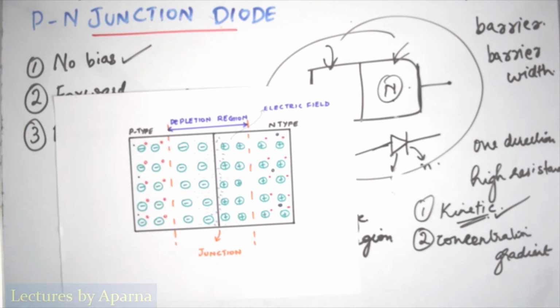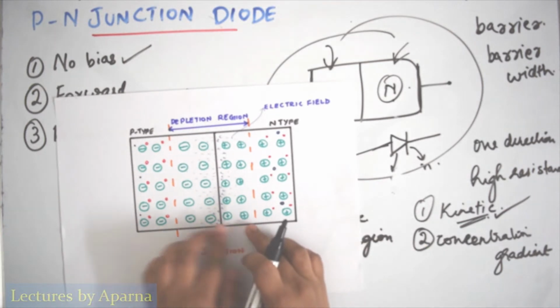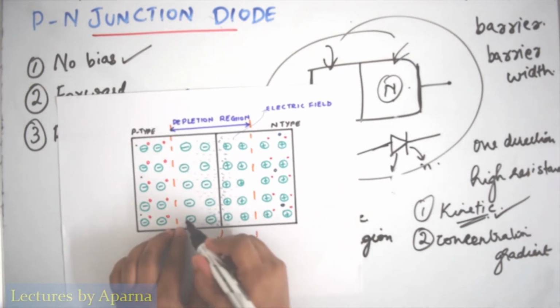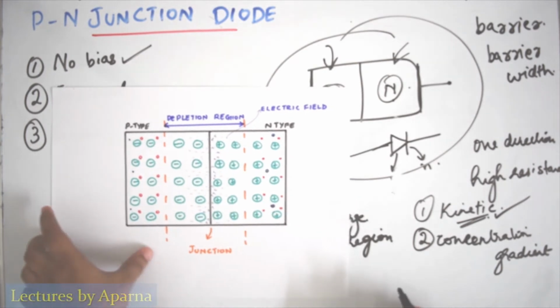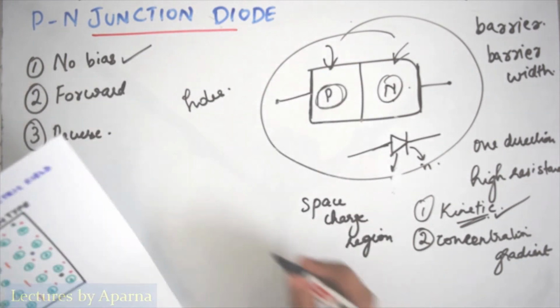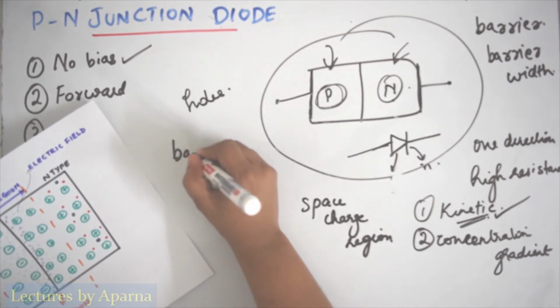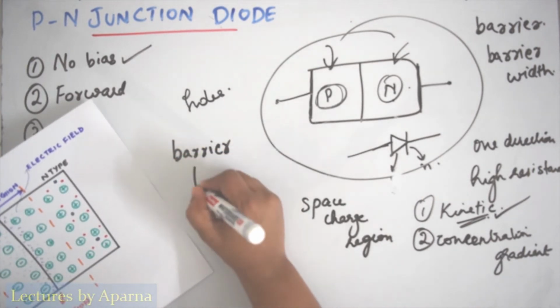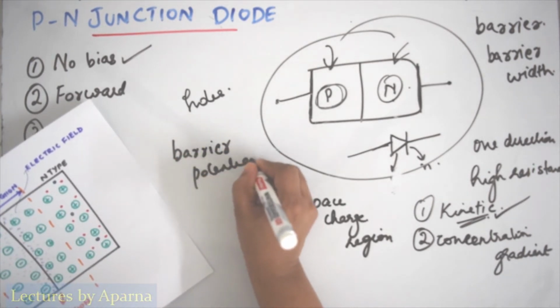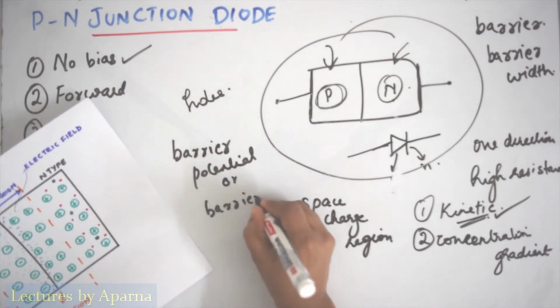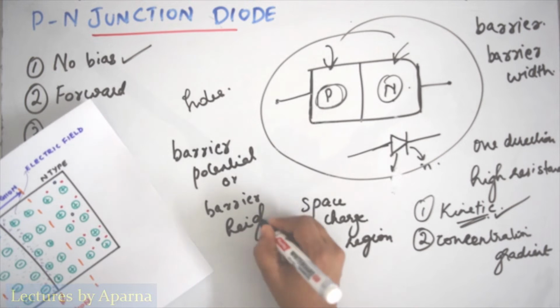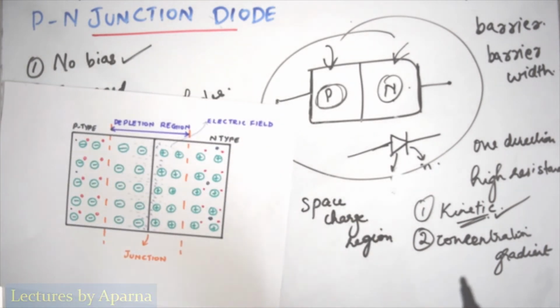And the potential difference between both sides of the depletion region, from this side to this side, is known as the barrier potential or barrier height. It is also called the barrier potential or barrier height of the barrier. So these terms you should remember.